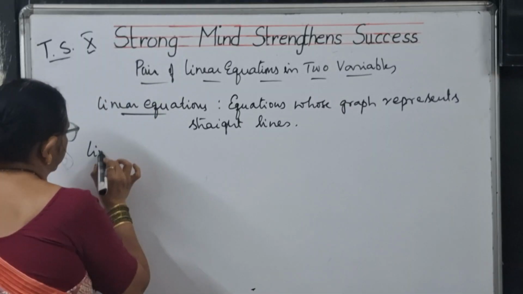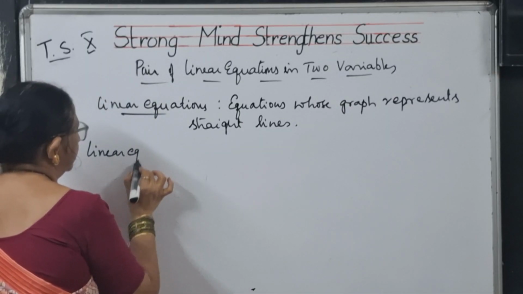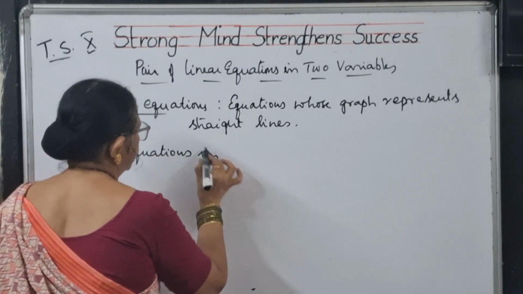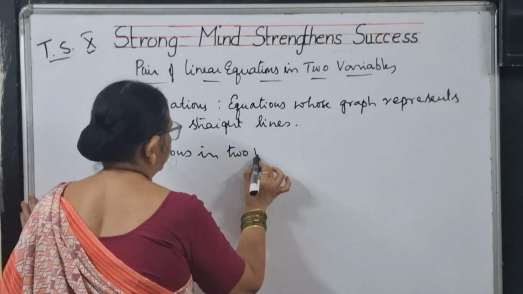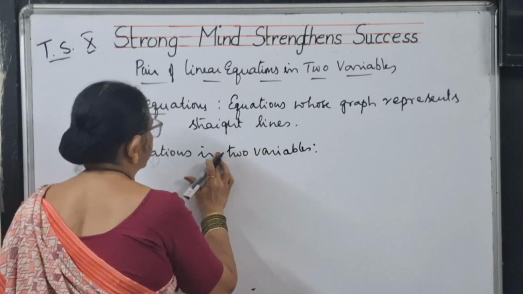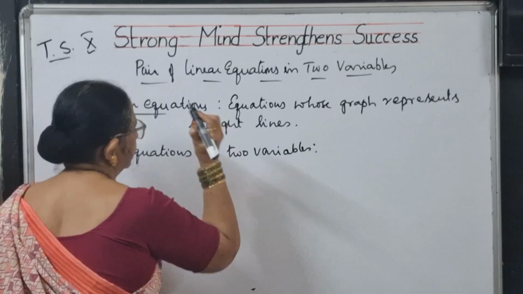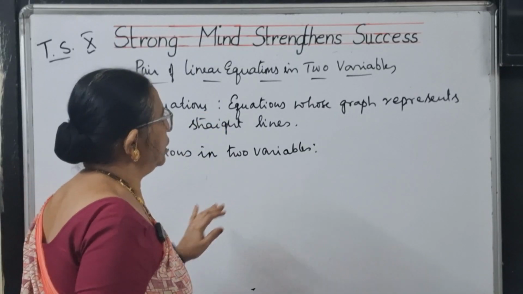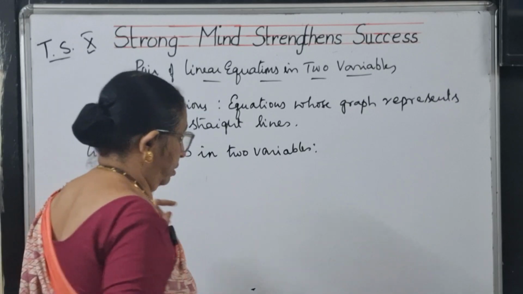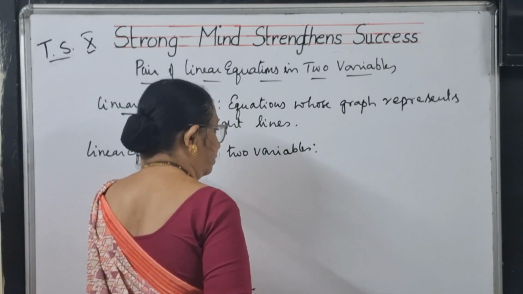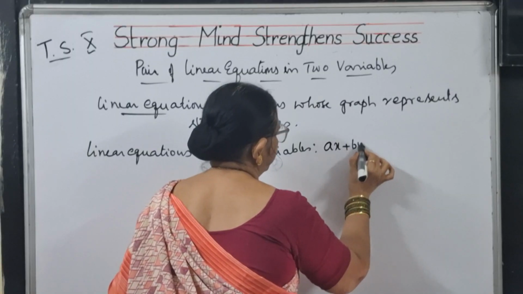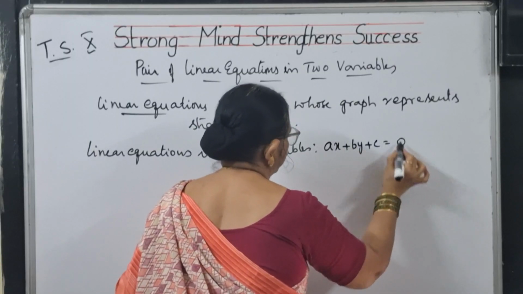Now, linear equations in two variables. So now we are going to talk about linear equations in two variables. In two variables means what? You may take them as x and y. So suppose you have got an equation ax plus by plus c is equal to 0.